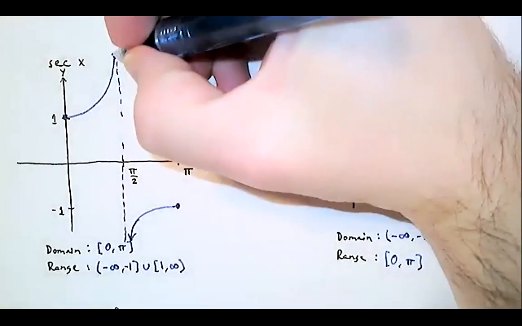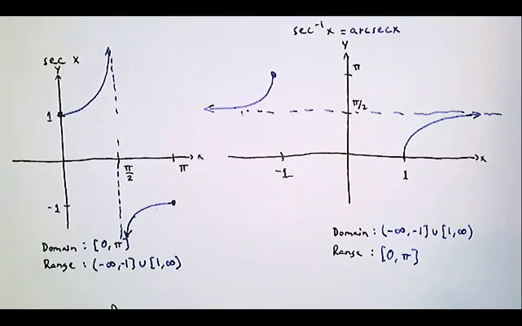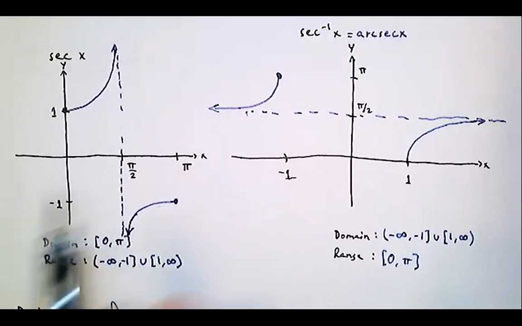Okay, any questions over these details of secant and arcsecant, and then their corresponding domains and ranges?